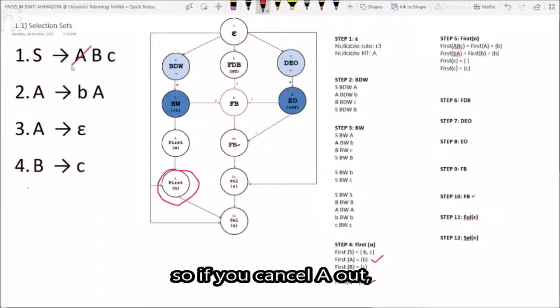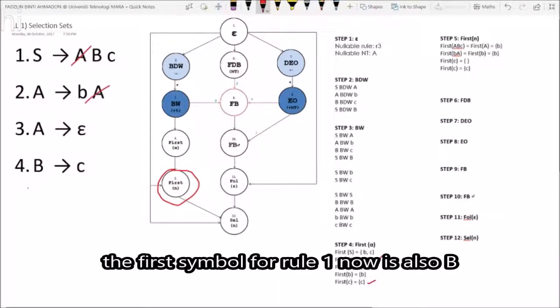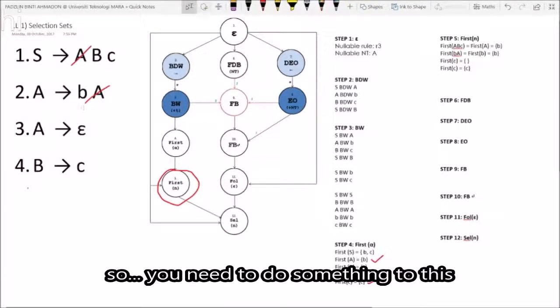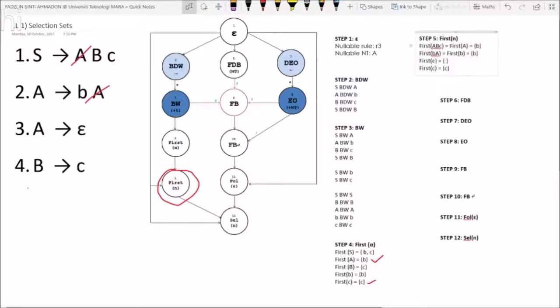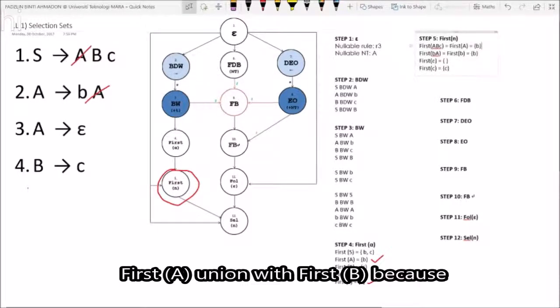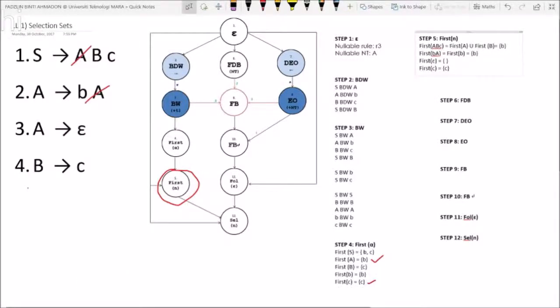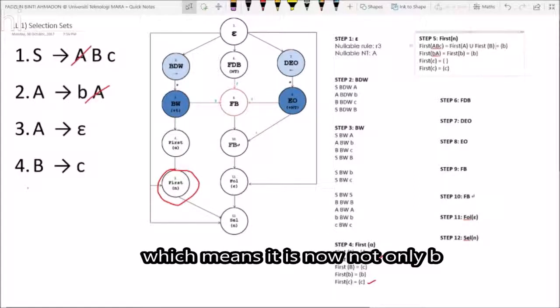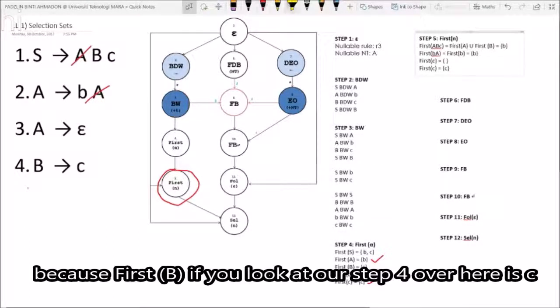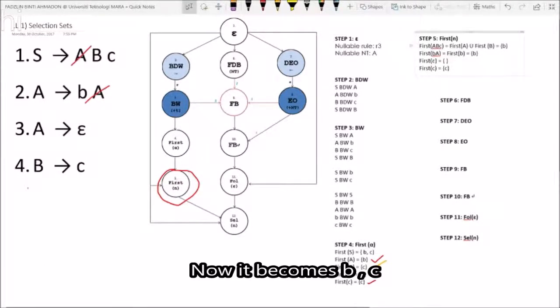So if we cancel A out, the first symbol for row 1 now is also B. So you need to do something to this: first A union with first B, because B can also be the first symbol for the first row, which means it is now not only B, because first B, if you look at our step 4 over here, is C. Now it becomes B, C.